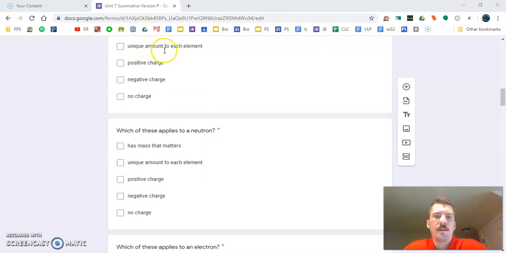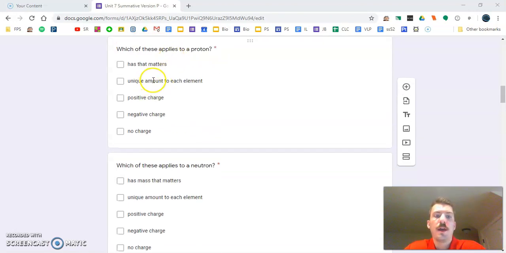You cannot have two atoms of the same element with different amounts of protons. This is a unique amount to each element. If you were to add a proton to hydrogen, you would not have hydrogen anymore.